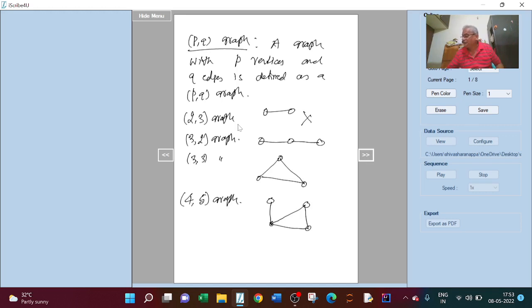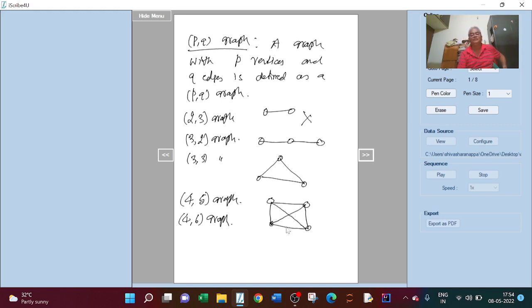I will add this and this. This is a 4, 5 graph. Can we get a 4, 6 graph? Yes, this graph has 4 vertices and 5 edges, so we just add the two non-adjacent vertices.